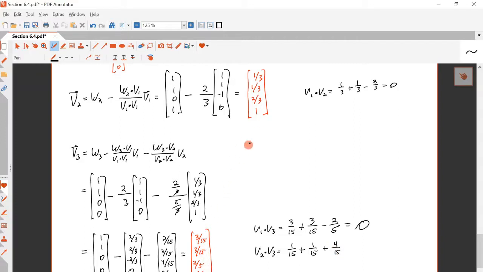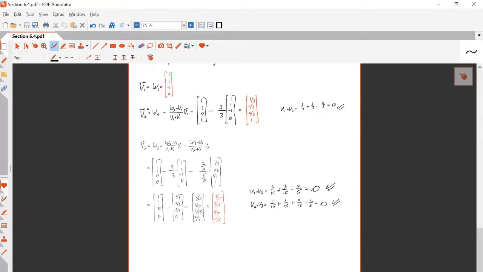And then minus 2/5. So that is 6/15 minus 6/15, which is 0. So these check out. That's an orthogonal basis for W.